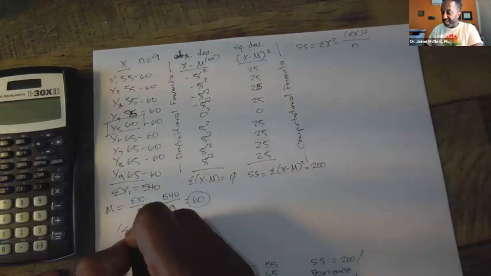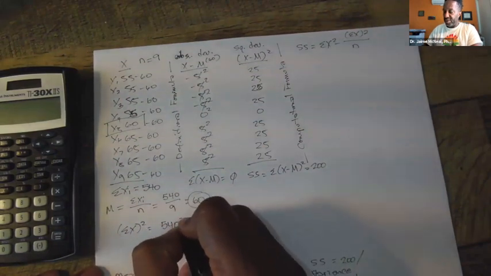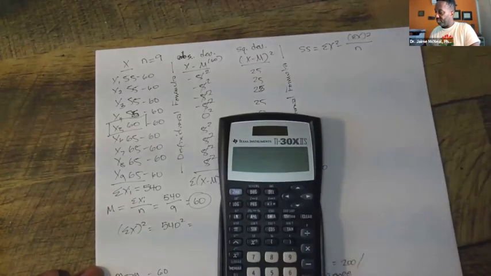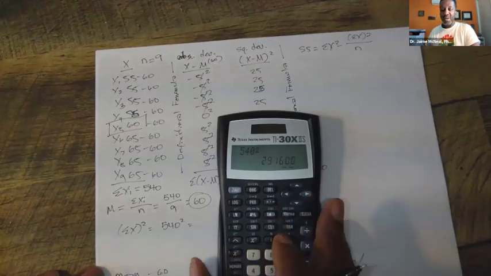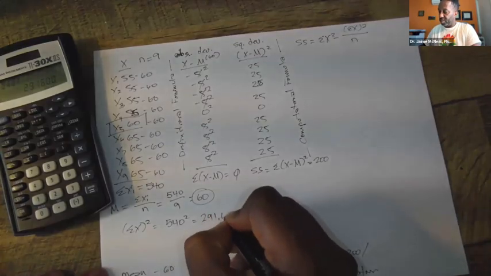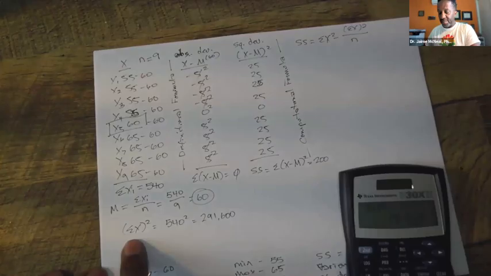So the sum of x squared is like saying 540 squared, which is 291,600. That is the sum of x squared.